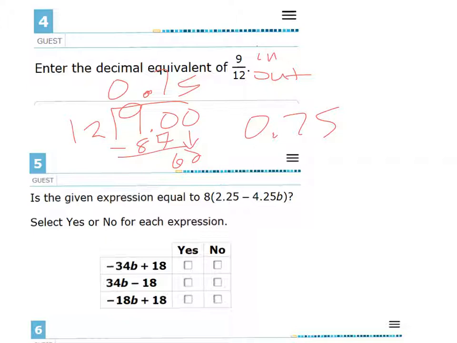Now for question number 5, is the given expression equal to 8 parentheses 2.25 minus 4.25 times b? Select yes or no for each expression. You will have to use distributive property to figure out each possible solution.